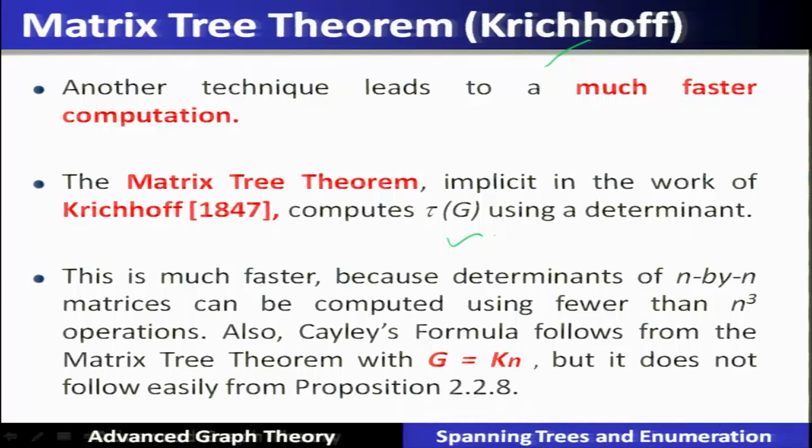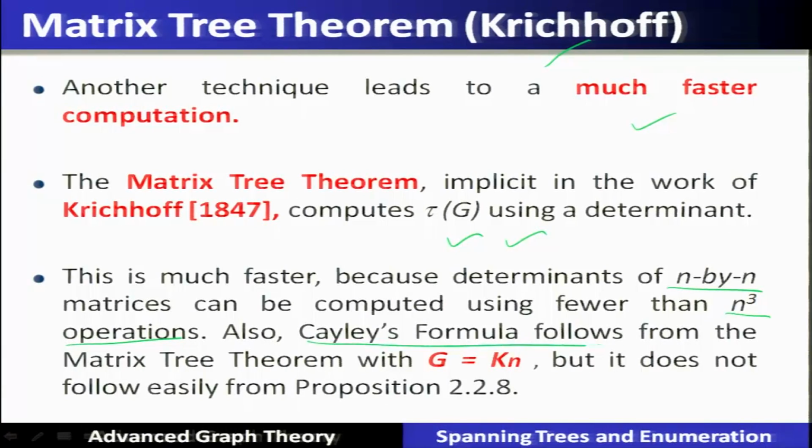This algorithm is used to compute the determinant, and computing the determinant of the adjacency matrix is quite efficient. Hence this algorithm will compute the number of spanning trees for very large values of n, a much faster method. So let us see how this can be done. The matrix tree theorem is much faster because the determinant of an n by n matrix can be computed using fewer than n cubed operations, compared to the previous methods.